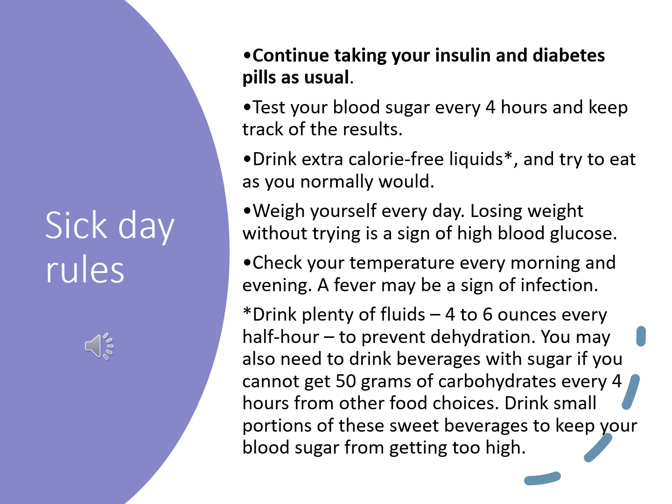So there is something we want to consider, which is the sick day rules. Sickness really affects diabetics a little differently, but we want to continue to take our insulin and our anti-diabetic meds as usual. We want to have them test their blood sugar every 4 hours, drink calorie-free liquids, and weigh yourself.